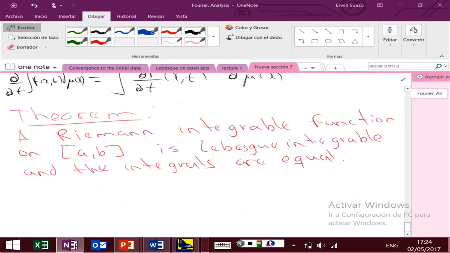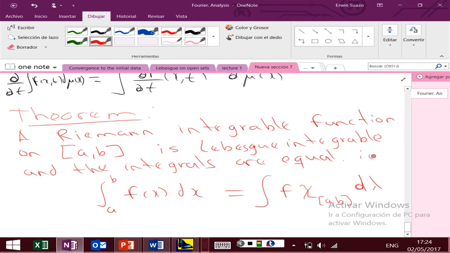So basically what we're saying is, you have your Riemann integral from a to b of f of x dx, and then you compare it with the Lebesgue integral of f over a, b with respect to d lambda, and they are the same.